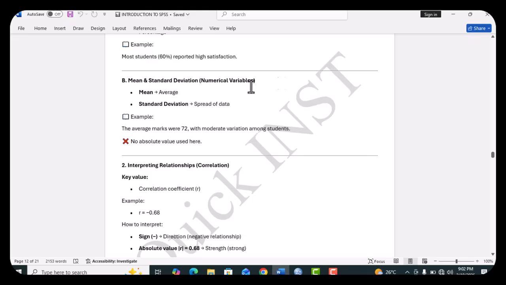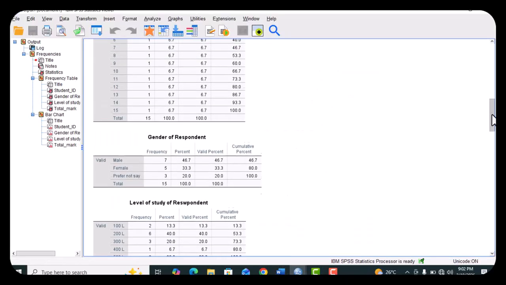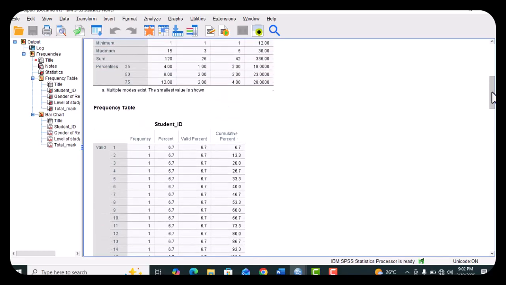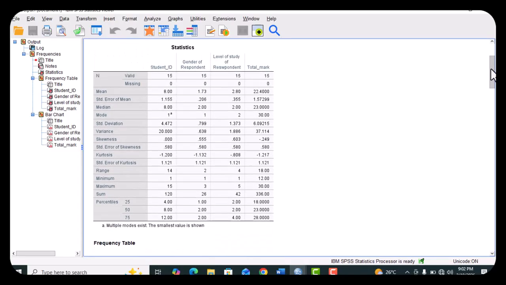Then we go to the mean and standard deviation, which are numerical. We find the average and standard deviation and we interpret. Let's check the interpretation of what we've gotten here. So here it is. So you just interpret, okay. Yeah, here it is.